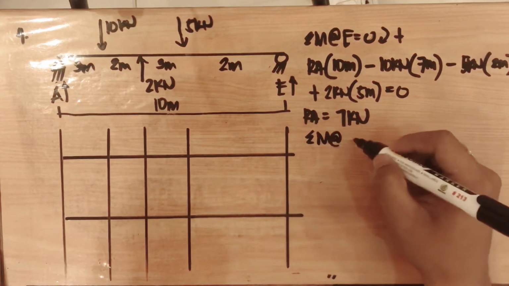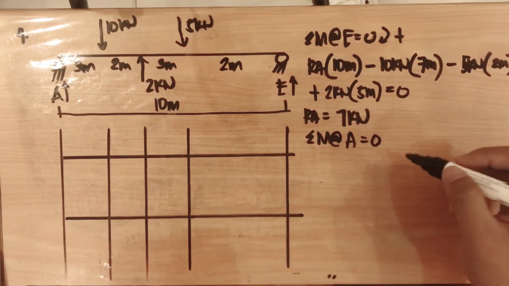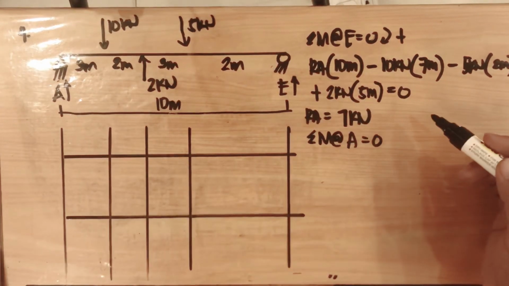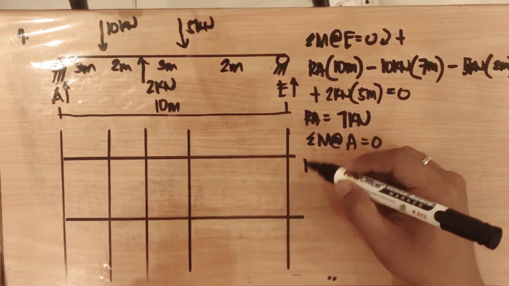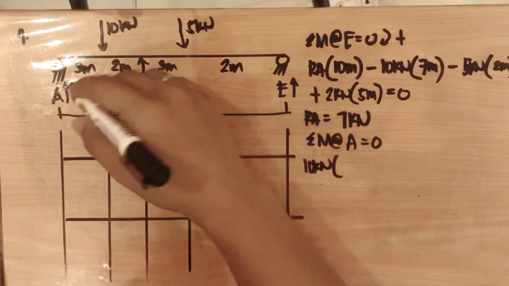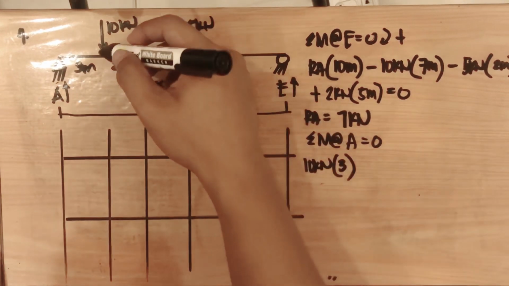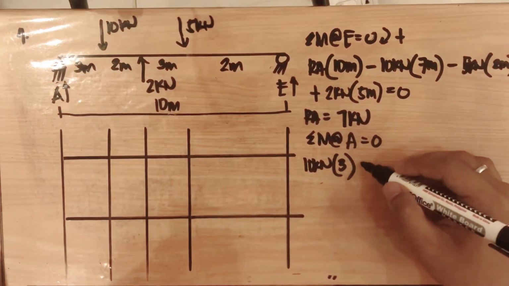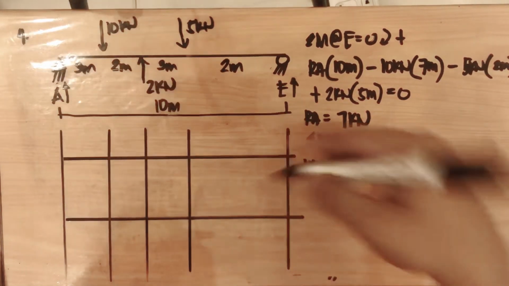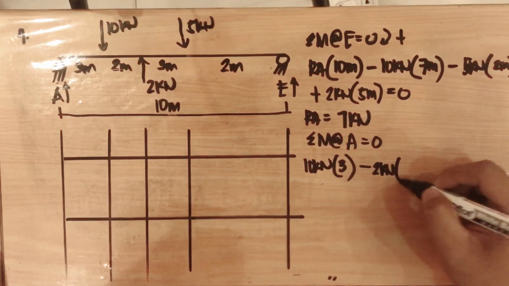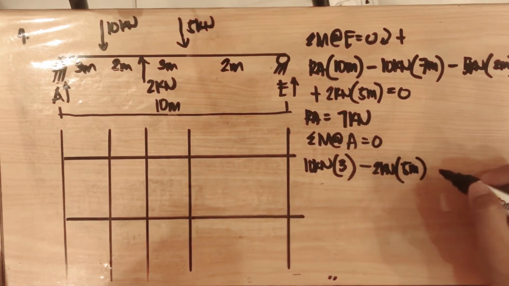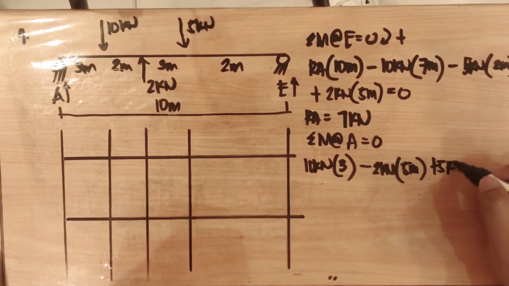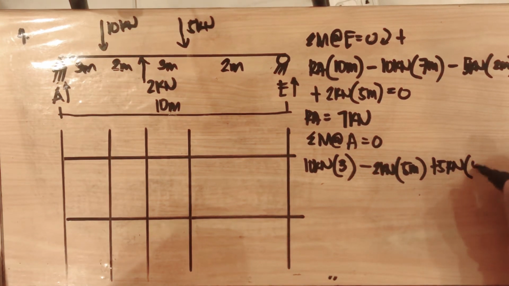Then next, moment tayo at A. Summation of moment at A equals to 0. So papuntahin natin lahat at point A. So 10 kilonewtons times distance is 3. Positive na siya since clockwise na yung ikot niya. Minus, since counterclockwise yan, 2 kilonewtons times 5 meters plus 5 kilonewton times 8 meters.